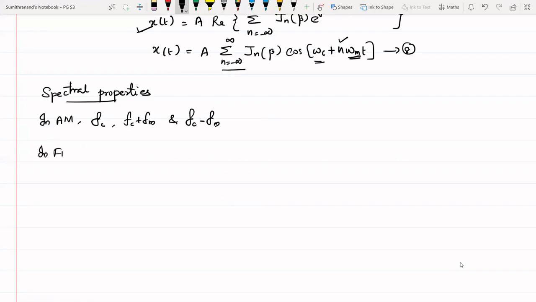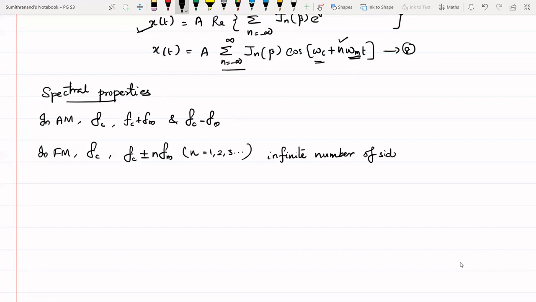So in FM, we have a carrier frequency Fc and an infinite number of sidebands at frequencies Fc plus or minus n into FM, where n varies from 1, 2, 3, etc. Theoretically speaking, we have an infinite number of sidebands, because the frequency here is omega c plus n omega m t.